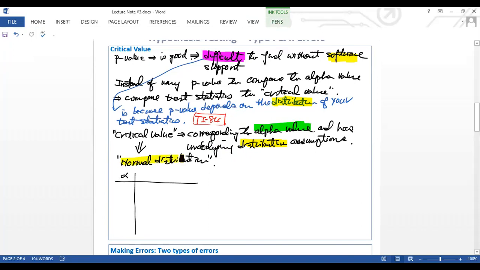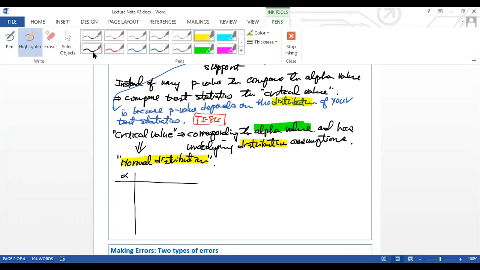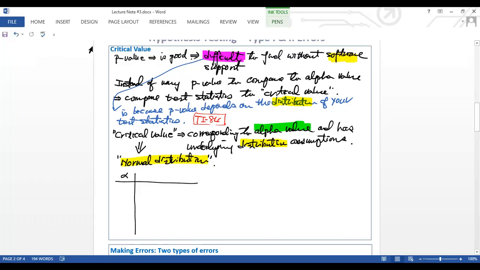Here I'm assuming it's normal distribution, and we're going to go into way more detail in lecture part 3 or part 4, after we talk about the different types of errors. So for the alphas here, we talk about the three most common ones: 0.05, 0.01, and 0.001. Let's do the 0.1 here.